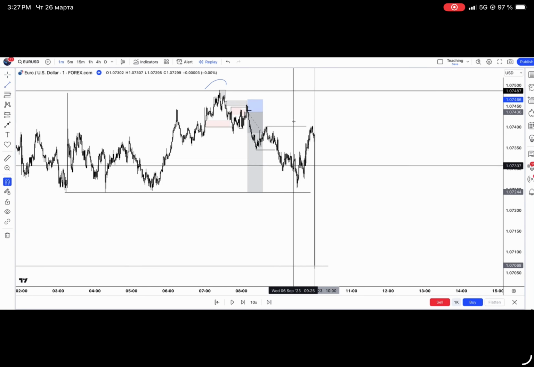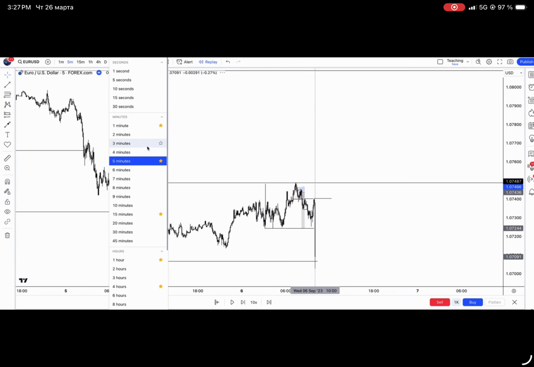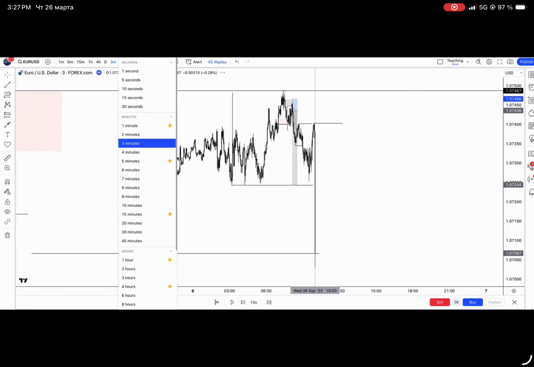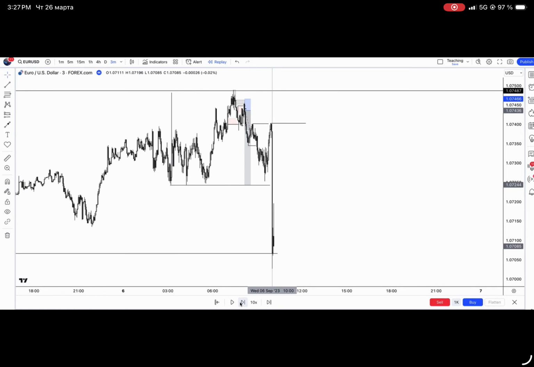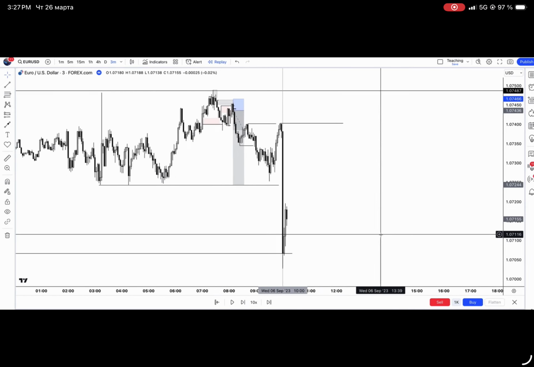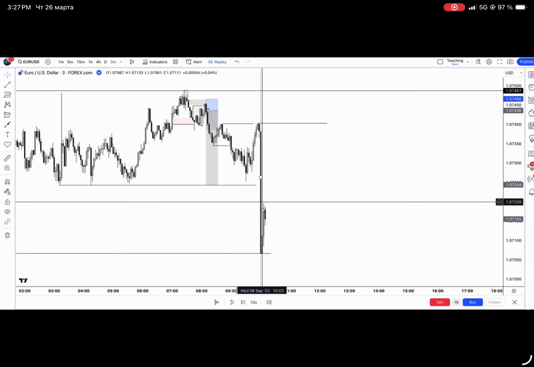What do we also have? Well, we have an inducement high here, okay? So let's see what price gives us. Actually, I did use the 3-minute. Okay, stab below, right? This big bearish closure stabs below, grabs all that liquidity. Now we're starting to get that reaction to the upside.